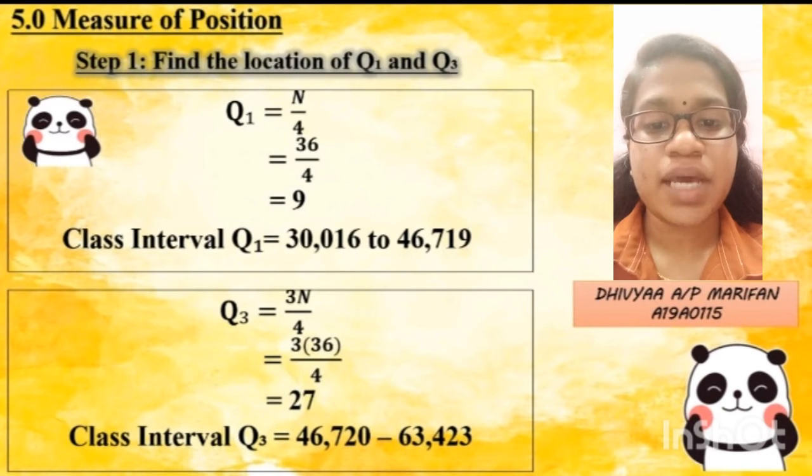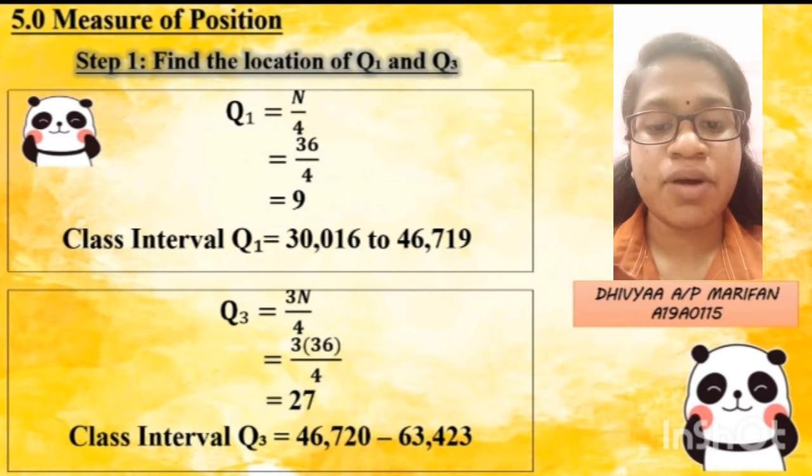Today I would like to explain about measure of position. In this part I will explain about the first quartile, third quartile and interquartile range. The first step is identifying the location of the first quartile and third quartile by using the formula. Therefore, the location of the first quartile is the 9th position and the location of the third quartile is the 27th position.